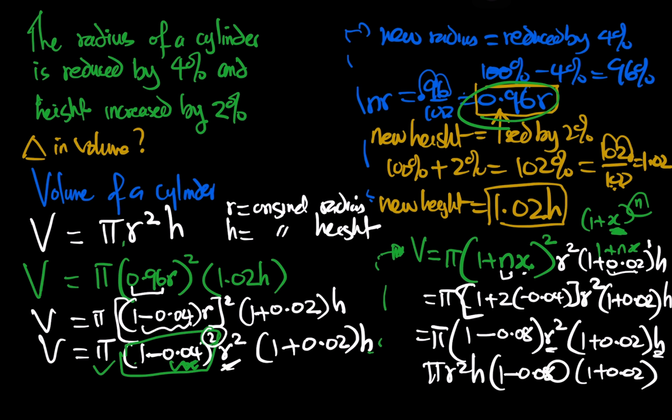And then we can see what is impacting. Let me take a different color. This whole thing here is what is changing the volume, because this is the original volume of the cylinder, and this is what is changing the volume. Please, if you don't understand, pause the video, go back a little bit, or take a little break, come back feeling refreshed, and then keep going at it again.